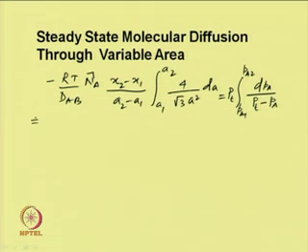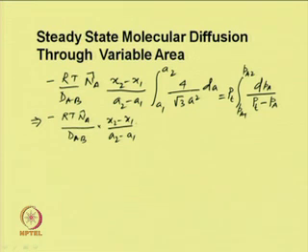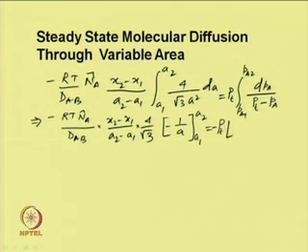If we integrate, we can get minus RT Na cap by DAB into (x2 minus x1) by (A2 minus A1) into 4 by root 3, and the integration of this will be minus 1 by A with the limit A1 to A2, which will be equal to minus Pt into ln (Pt minus Pa), and the limit is Pa1 to Pa2.